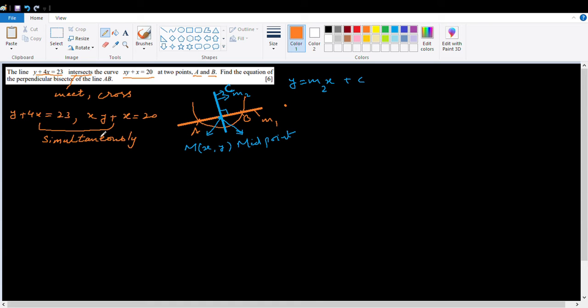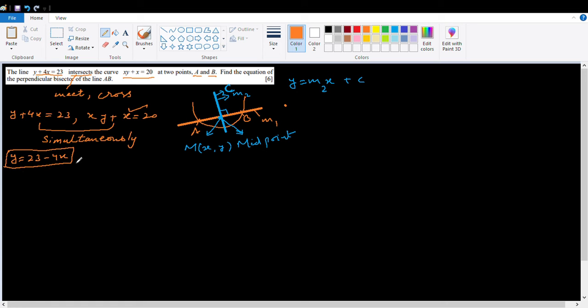So let's start our working. When we solve it simultaneously, first we make one variable the subject. Let's make y the subject. So y will be equal to 23 minus 4x. This we are going to substitute in the equation of the curve, and later use it for finding the y coordinates of the points.